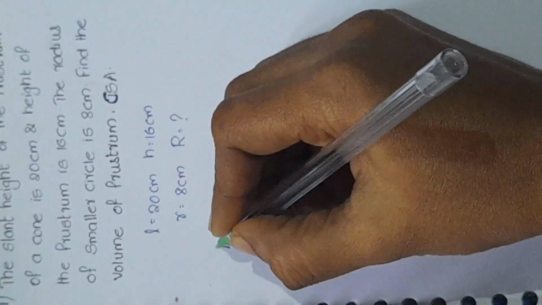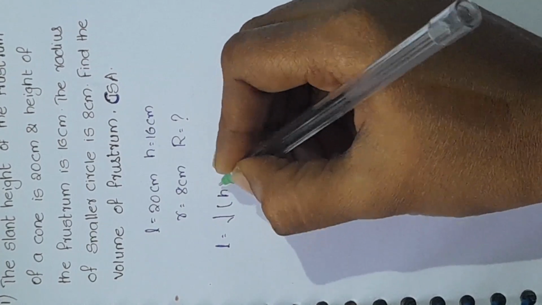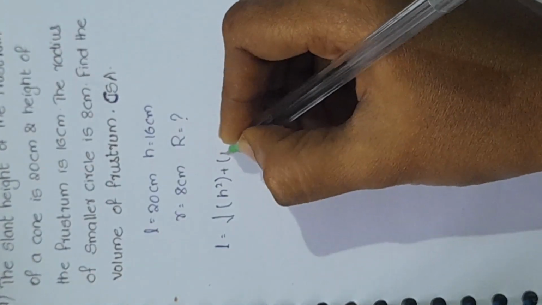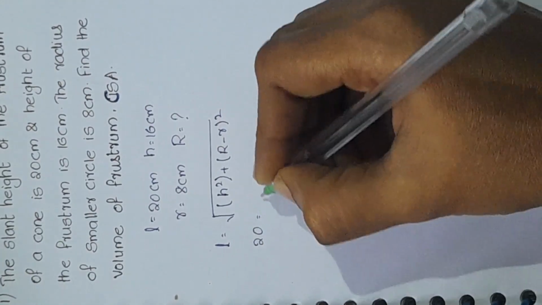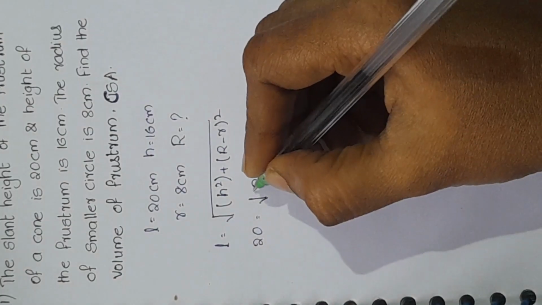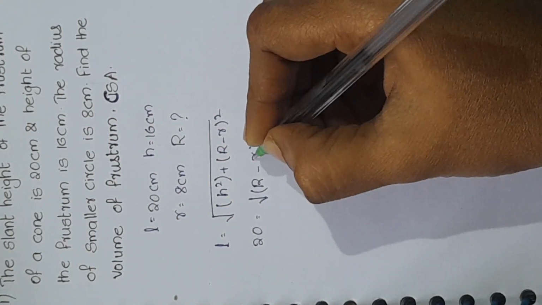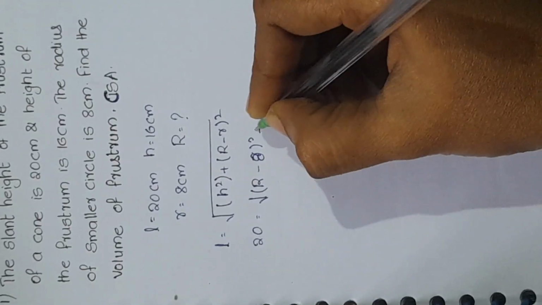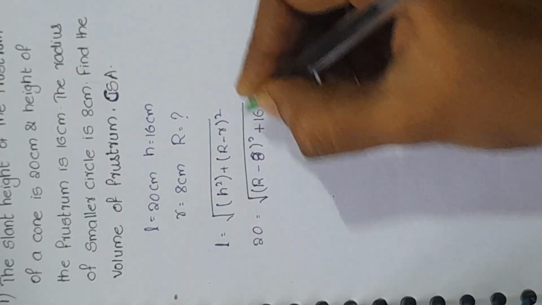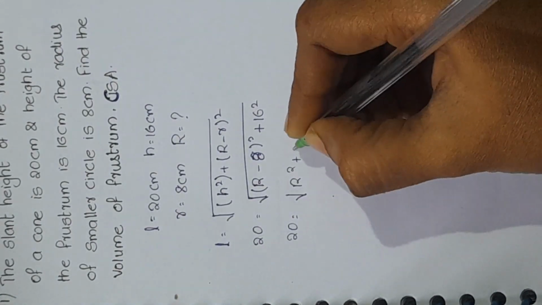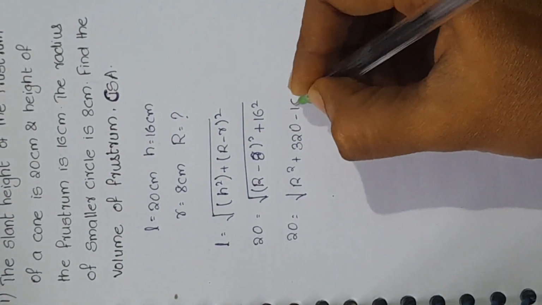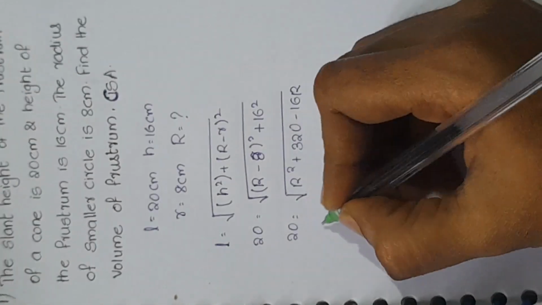We know the formula. L is equal to root of h square plus (capital R minus small r) whole square. Now substituting the values, 20 is equal to root of (capital R minus small r, that is small r value is 8) plus h is 16 square. 20 is equal to root of R square plus 320 minus 16R.